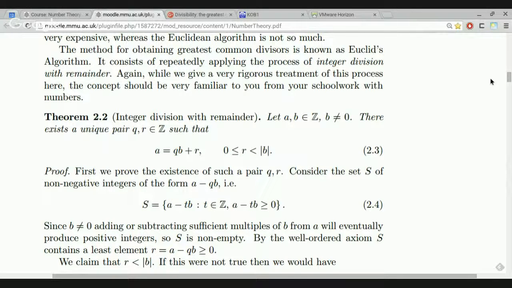Every non-empty subset of the positive integers has a smallest element.